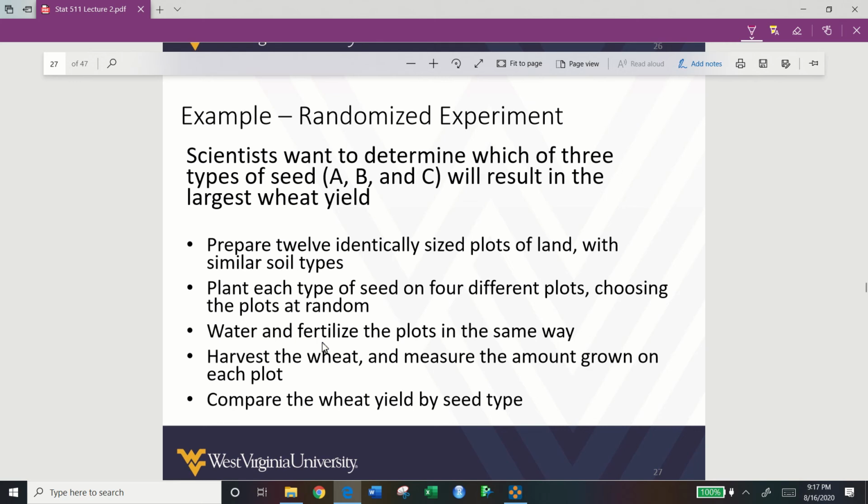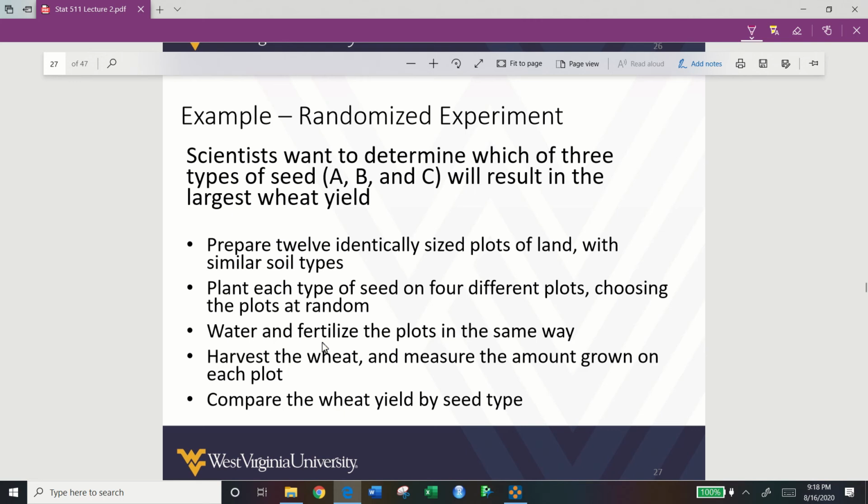Here's a nice example of what would be an ideally randomized experiment. Scientists want to determine which of 3 types of seed, A, B, and C, will result in the largest wheat yield. We prepare 12 identically sized plots of land with similar soil types. We plant each type of seed on 4 different plots, choosing the plots at random.